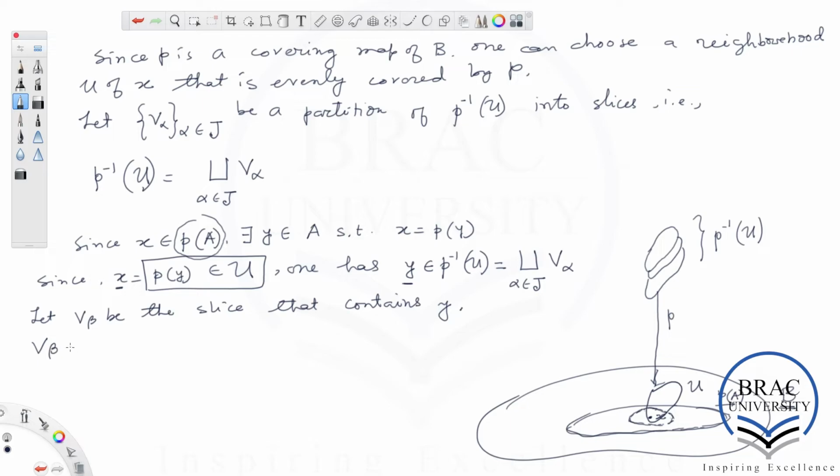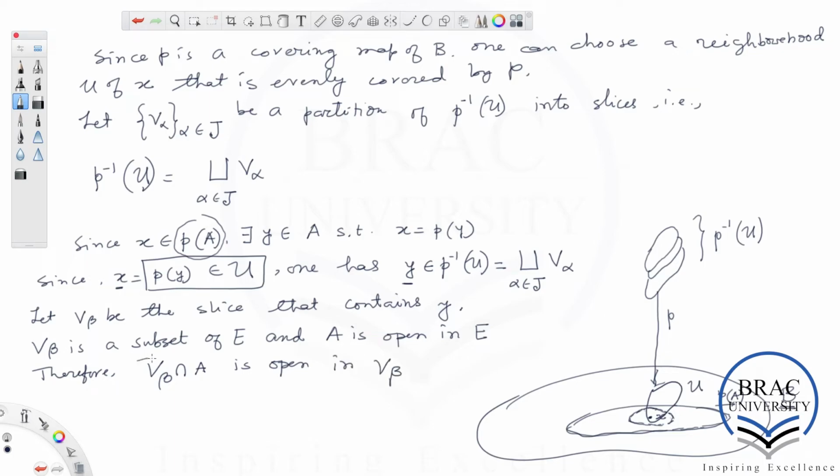V beta is of course a subset of E, right? The topological space E. And by hypothesis, A is open in E. Therefore, in subspace topology, V beta intersected with A is open in V beta. This is in subspace topology.